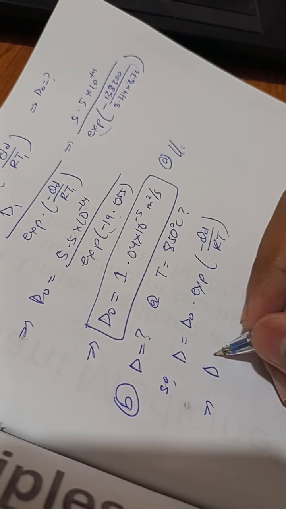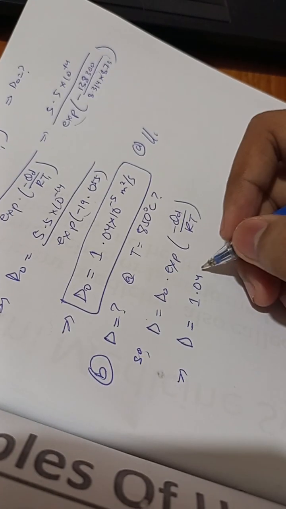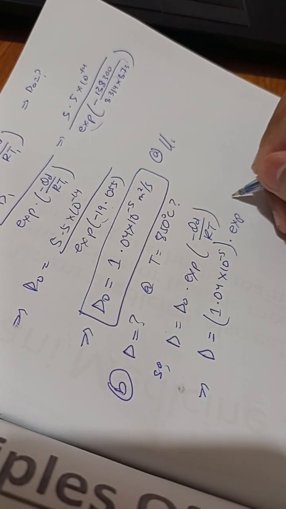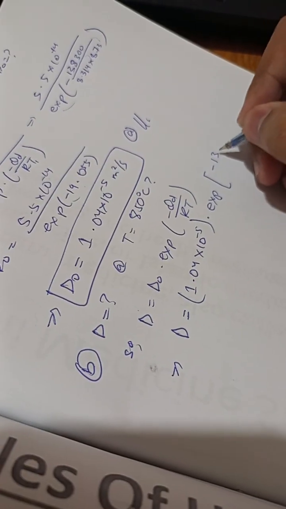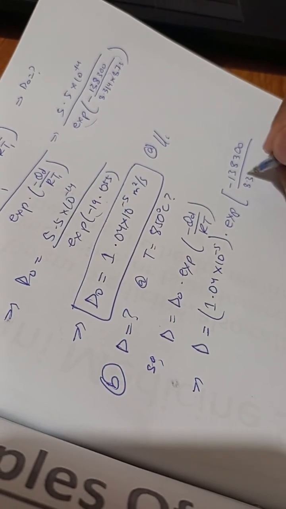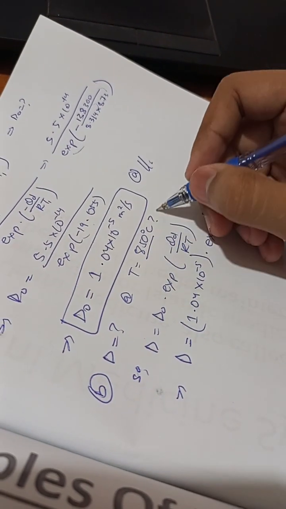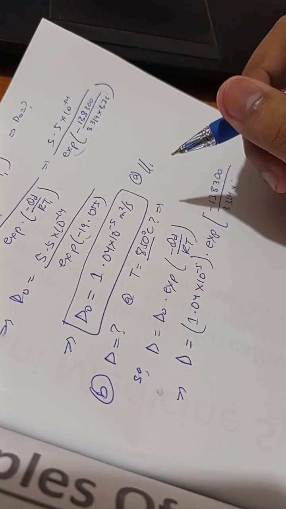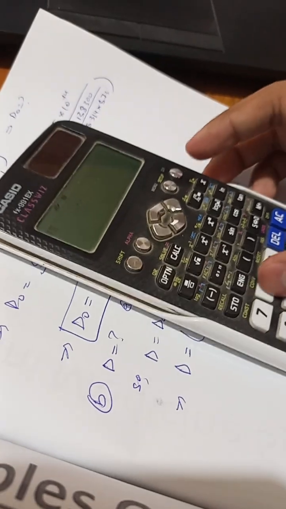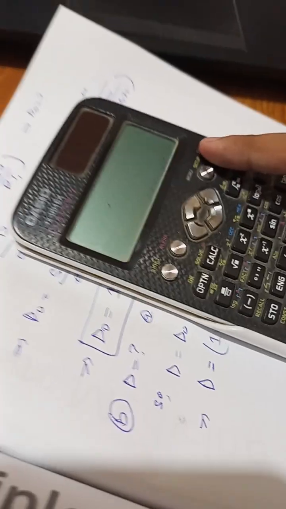So we are going to find D, and we use the D naught we just calculated, 1.04 exponent minus 5, into exponential of QD, which we have already calculated, 138,300 over 8.314 into, okay, this temperature is going to be converted into Kelvin. So 850 plus 273, 1123 Kelvin.